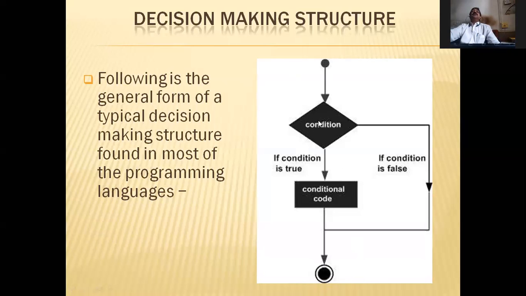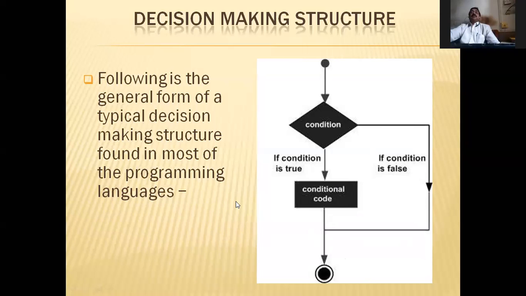Now, if the condition is false, the conditional code from the true block will be excluded, and we come out of that condition, and the next statement after the condition will be executed. So this is a normal and general form of a typical decision making structure.